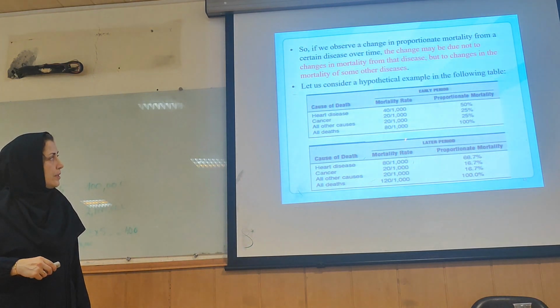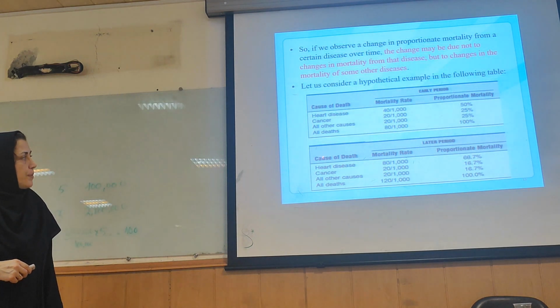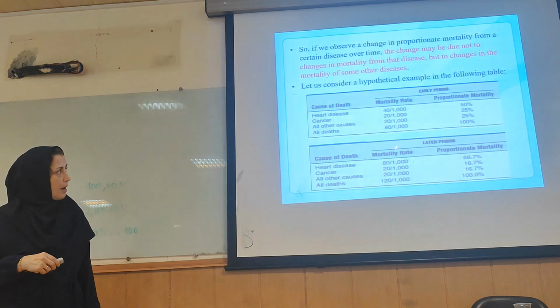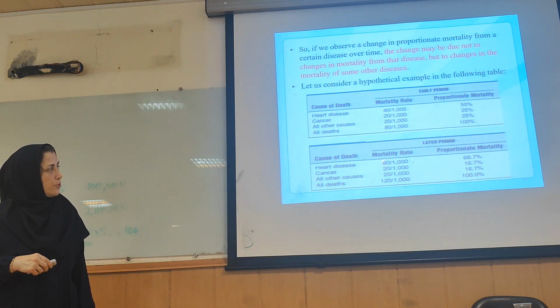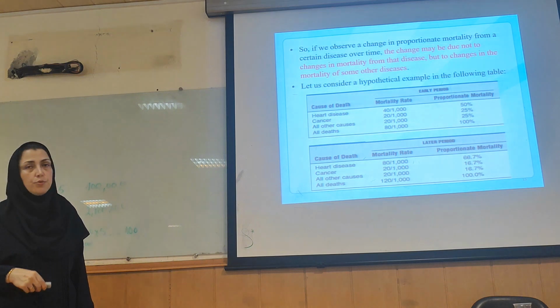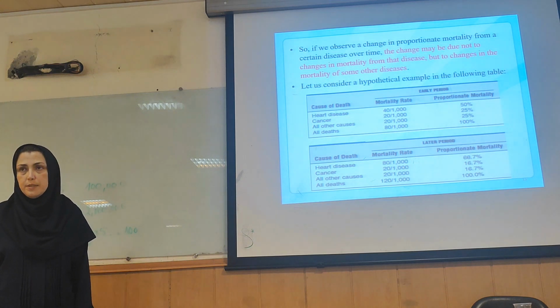Okay? How about later period? Heart disease is doubled from 40 to 80, and these two are the same. So the total increased from 80 to 120.